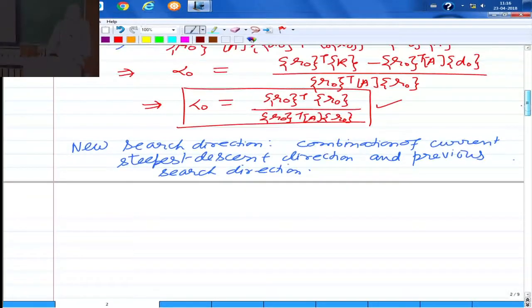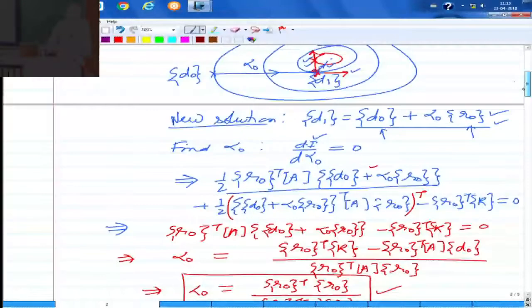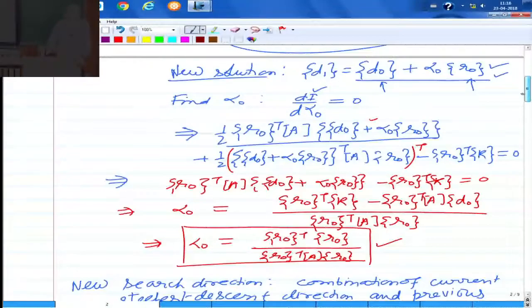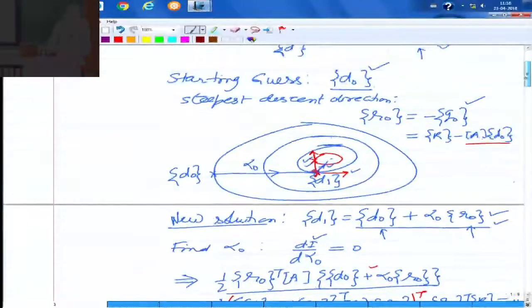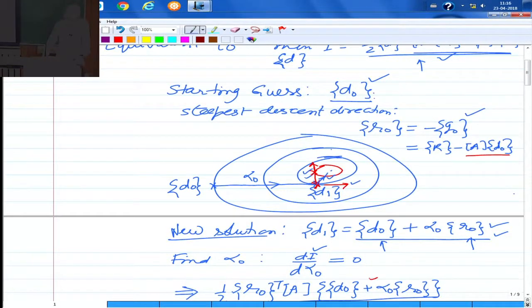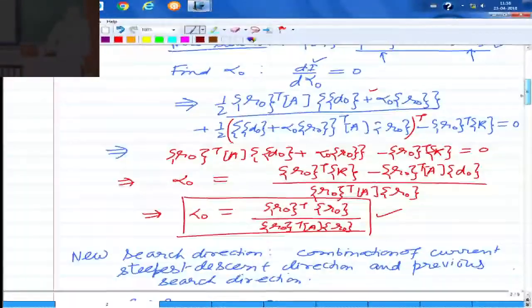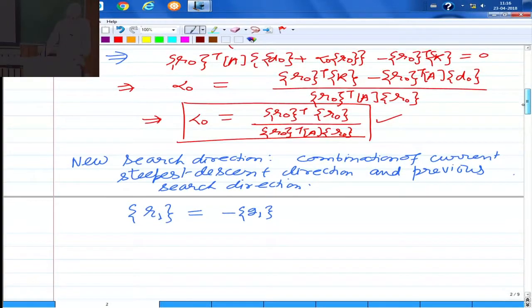So see, we had here the direction R0. Now let me call the new one R1. R1 would be taken as a combination of the current steepest descent direction, which would be minus G1. G0 I have used, if you remember, for the gradient here. G0 is the gradient of phi at D0 and G1 is the gradient of phi at the new D1, because now you have got a new solution.